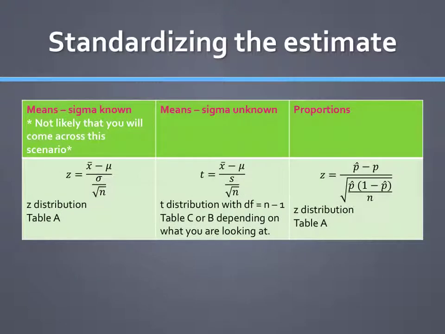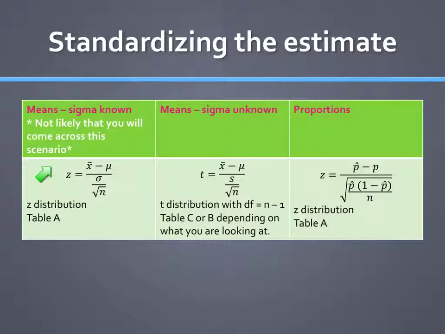Standardizing the estimate, or finding the z or t value, is going to feel familiar. Starting to talk about means here, if we know sigma, then we'll be looking at a z distribution, just as we started talking about confidence intervals. We do know that it's not likely to come across this scenario because we don't likely know sigma without knowing mu.